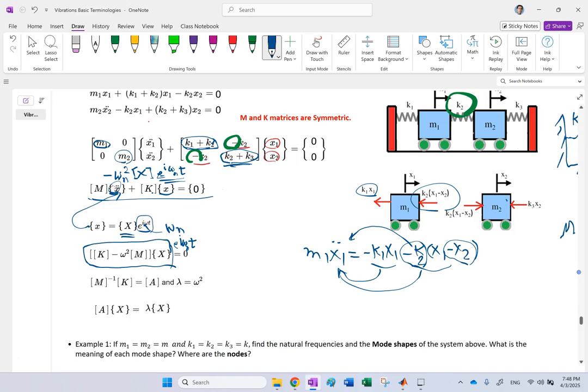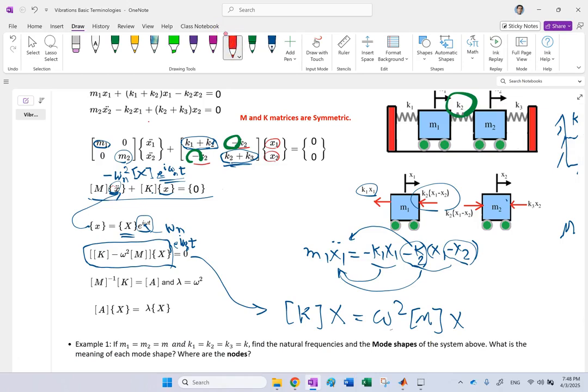Okay? Now, what I have here is K minus omega squared M times x equals 0, or if you want, you can take the negative term to the other side. You will get K times x equals omega squared M times x. Now here, you're going to call this omega squared lambda if you don't mind.